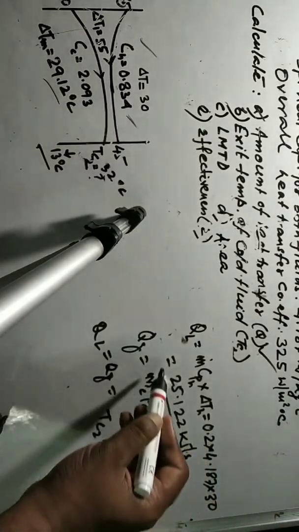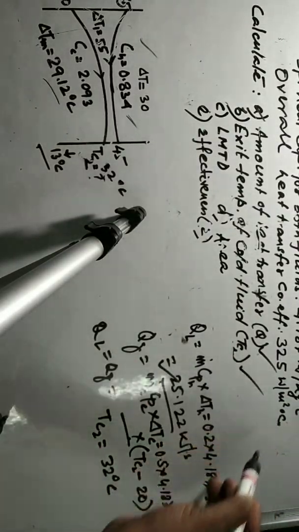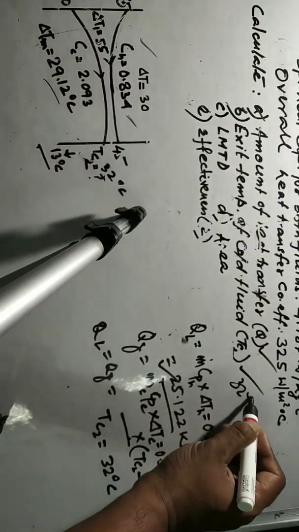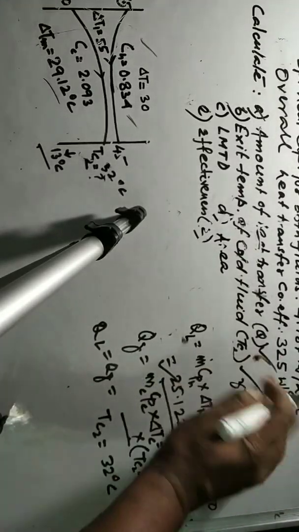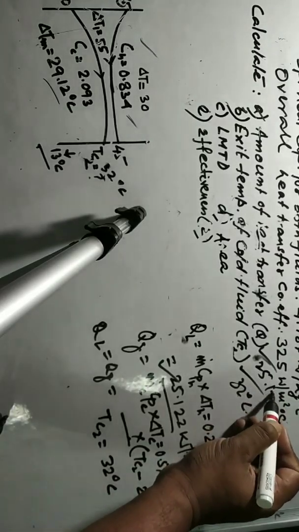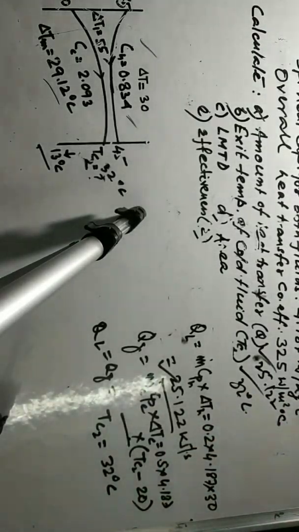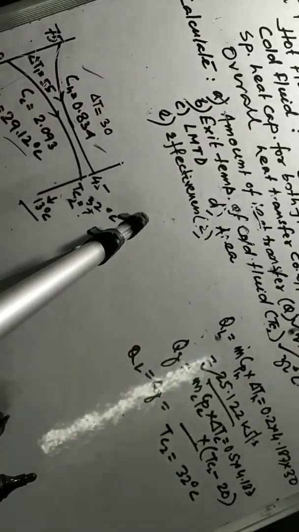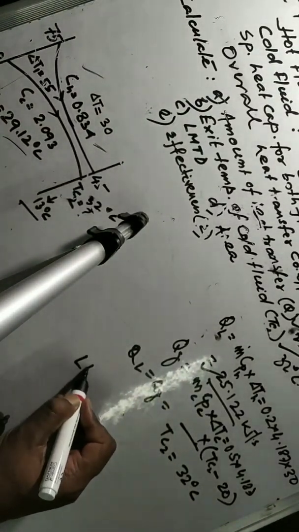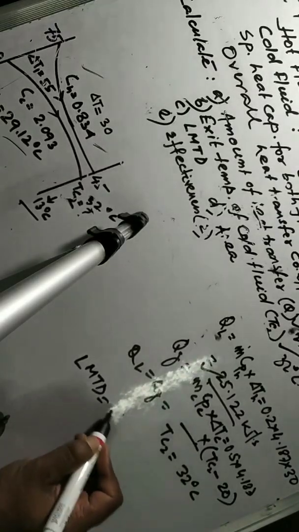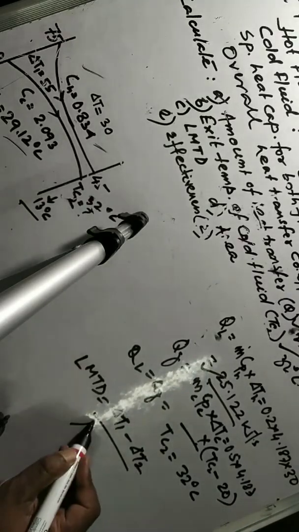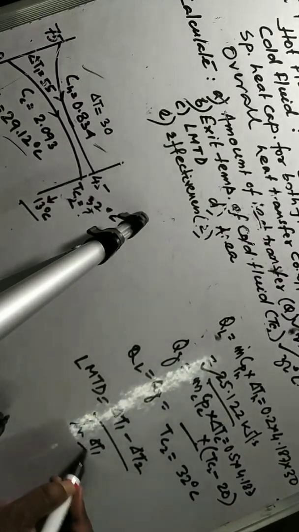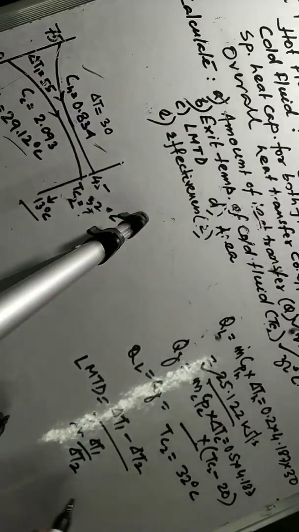So you got an exit temperature 32 degrees centigrade. Amount of heat you got 25.122. So these two parameters you got. Now LMTD you can easily calculate. What is the formula for LMTD? LMTD is del T1 minus del T2 divided by ln del T1 by del T2.